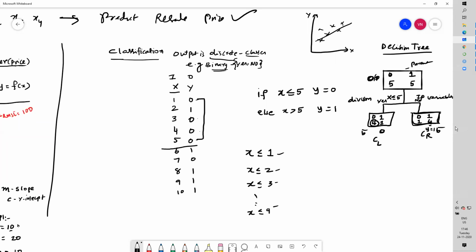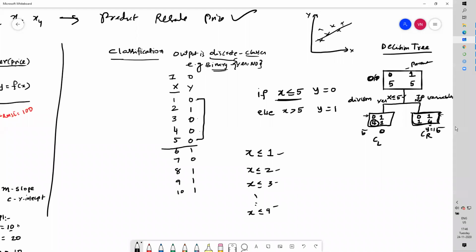That means which rule is giving the majority of the observations that belong to the same class in one node. That is this rule: x less than or equal to 5 is the one giving the majority of observations that belong to the same class in one node. On this side I got observations that belong to class 0, and on this side I got observations that belong to class 1. Out of all of these rules, we can say x less than or equal to 5 is the best rule.